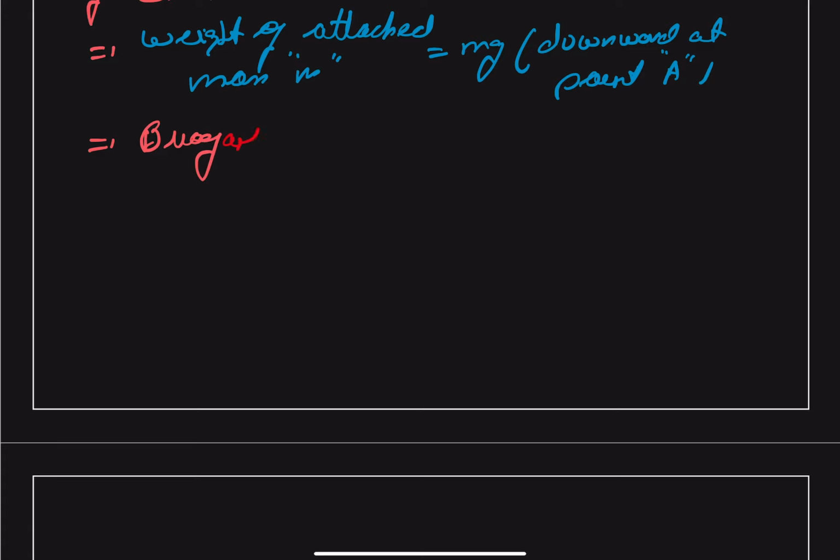Buoyant force, which we just said will be equal to our mwg, and this will be acting upward at point B.